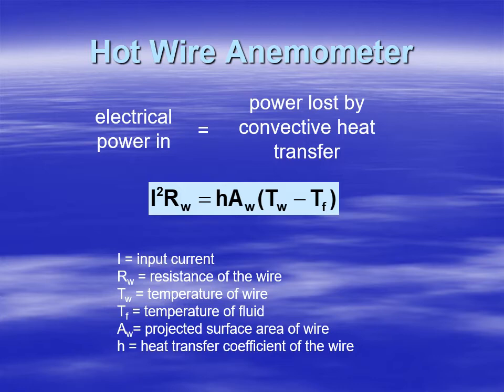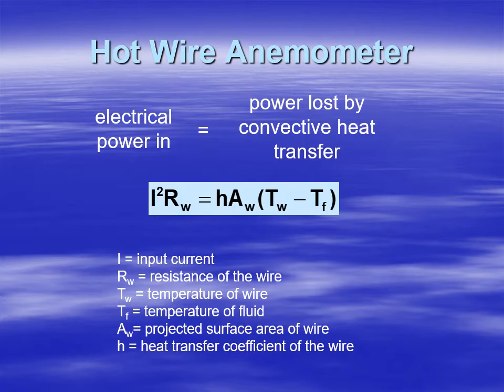In other words, there's current that's flowing into the hot wire. The hot wire has a certain resistance, so it heats up to a certain temperature. So the electrical power that's going in, which is the current I and also the resistance R_W, that's the electrical power, is lost to the wind speed.